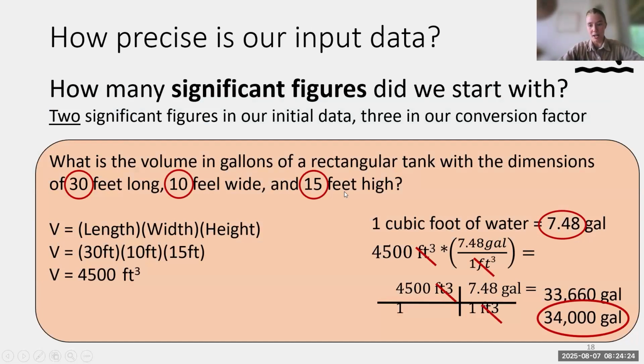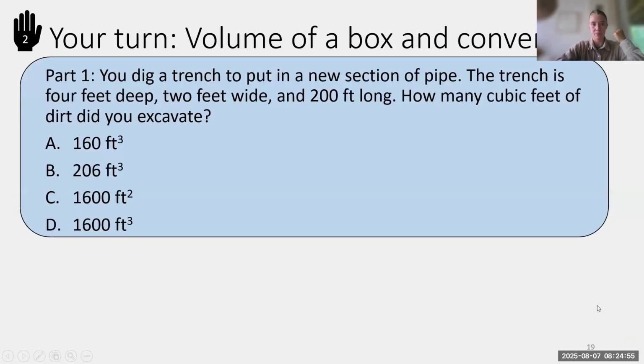So we're going to round up, because looking at 33,660, we want to go to 2 significant figures, and 660 is closer to 34,000 than it is to 33,000. So we're going to be rounding up for this one, and that's going to give us an answer of 34,000 gallons. Okay, that's a little bit of a review from a concept we went over last time. Let me know if you have any questions on that.